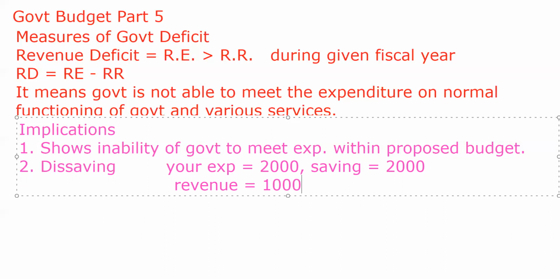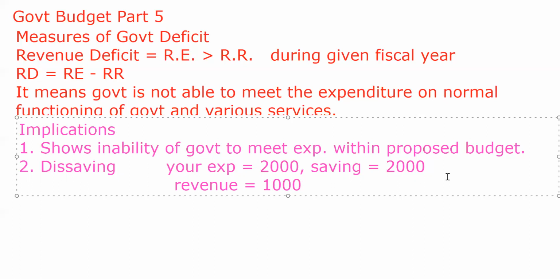What will you do? Revenue is equal to rupees 1,000 only, and you have crossed the expense of rupees 2,000. So anyhow, you will meet the expenses of rupees 1,000 more out of the saving which you have already accumulated in your saving account. So minus 1,000 would be the saving now.